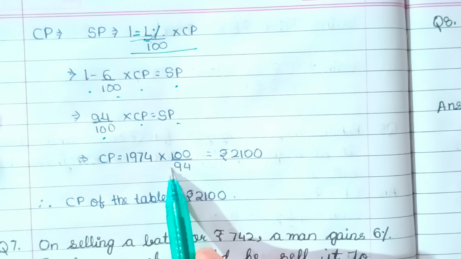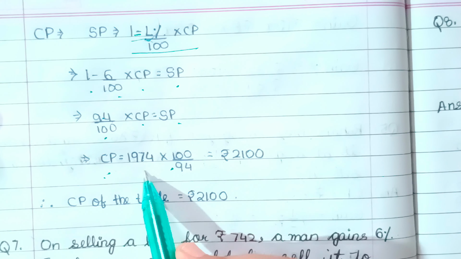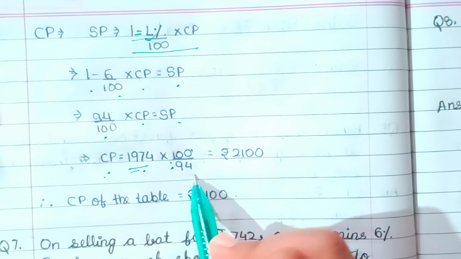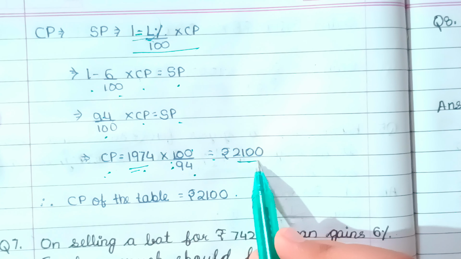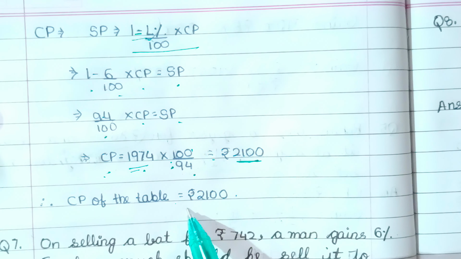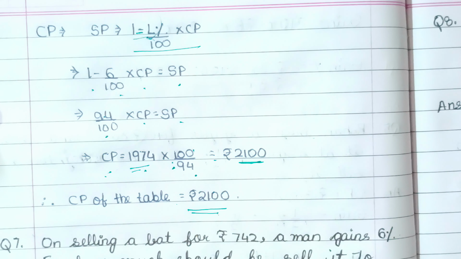We are given with the SP, so we will find out the CP. The CP is equal to 1974, that is the SP, into 100 by 94 and we get 2100. The answer is 2100. So the cost price of the table is 2100. Let's move on to the next question.